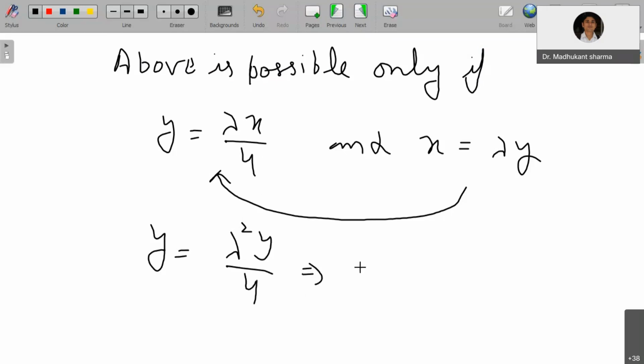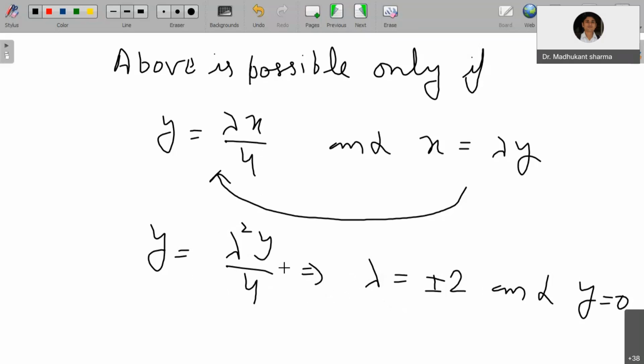So this will give you lambda equals plus minus 2 or y equals 0. So there are two possibilities: one is lambda equals plus minus 2, another is y equals 0.